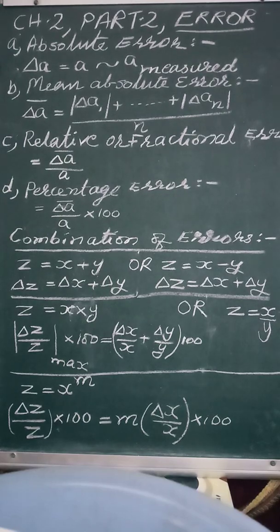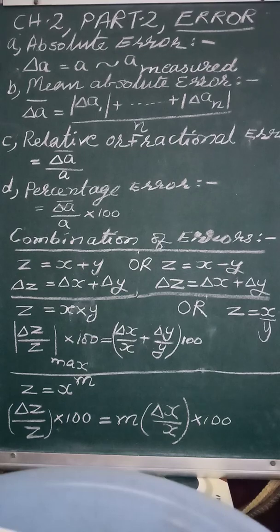The next topic is significant figures. Children, you have learned in maths in the previous years. What do you mean by significant figures? So when you measure a quantity, all the digits which you have measured accurately, we will consider that. And one doubtful digit also we consider.